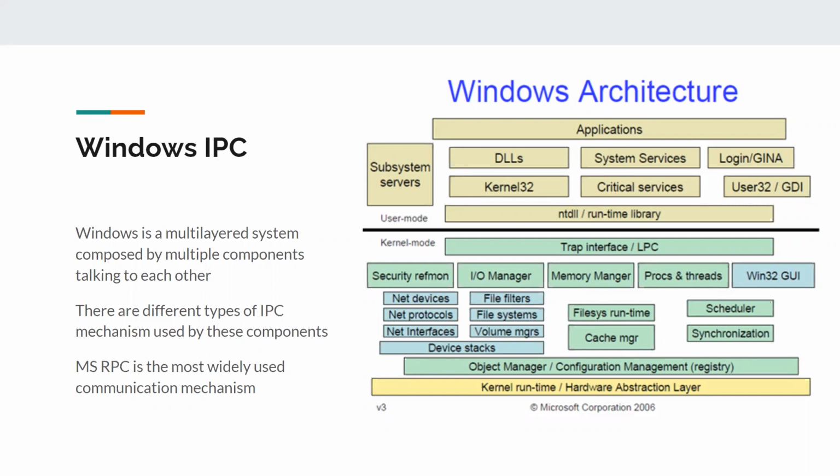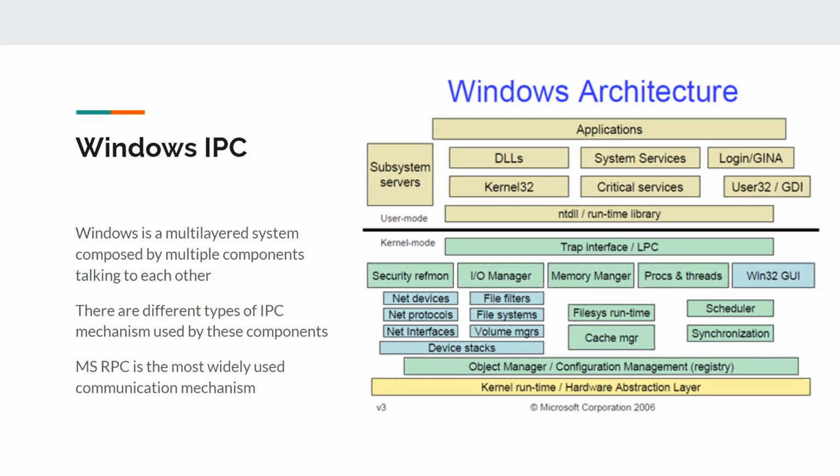The Windows IPC, so we briefly mentioned something about RPC. The Windows IPC mechanisms are really complex. Windows uses different ways to communicate between the subsystems that are implemented by the OS.